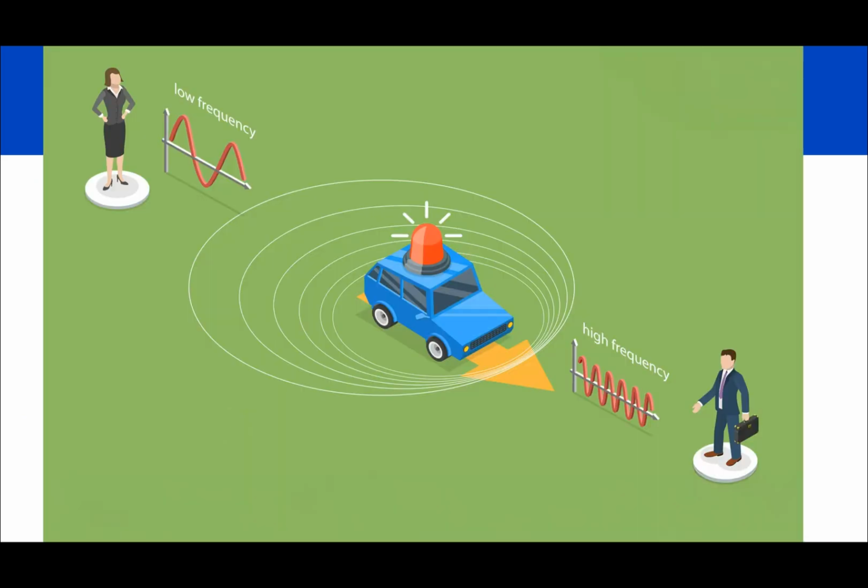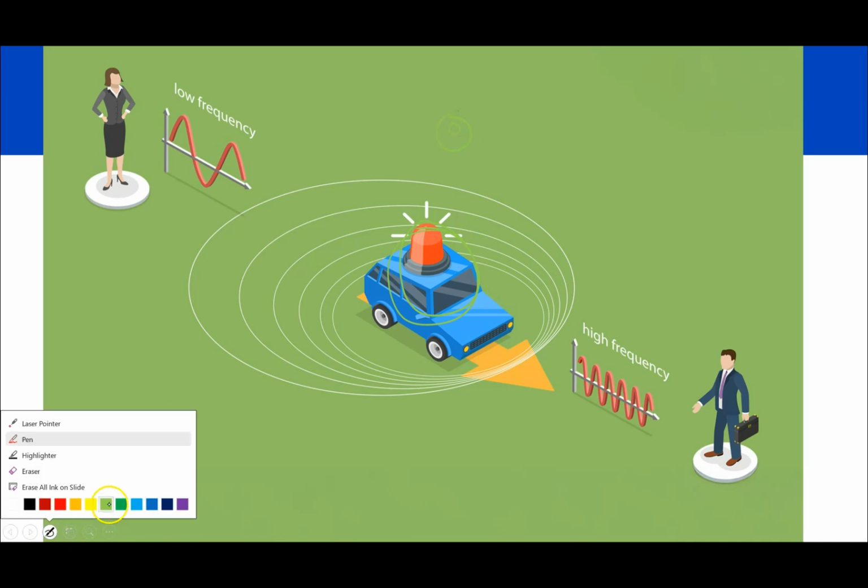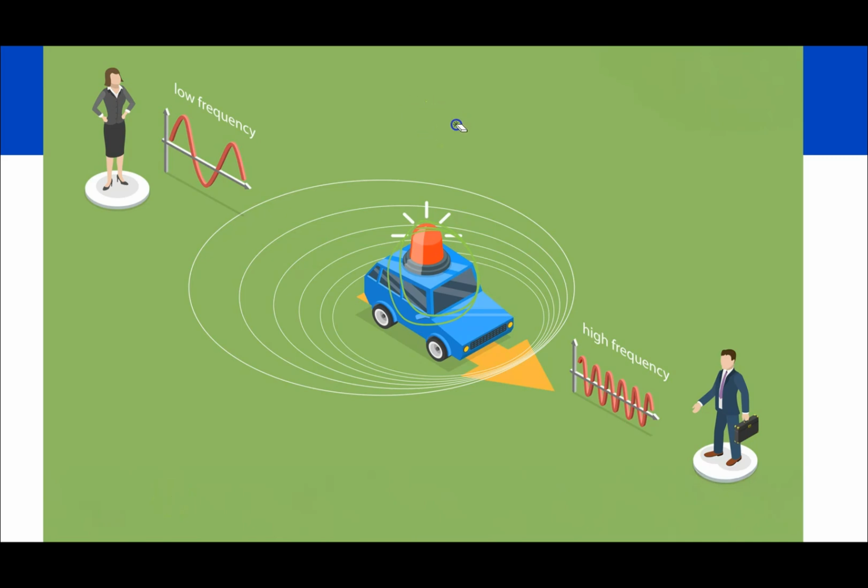So here's an example of it. This siren over here is emitting a sound, and let me change the color to this. If the siren was stationary, it would just emit sound equidistant like this.